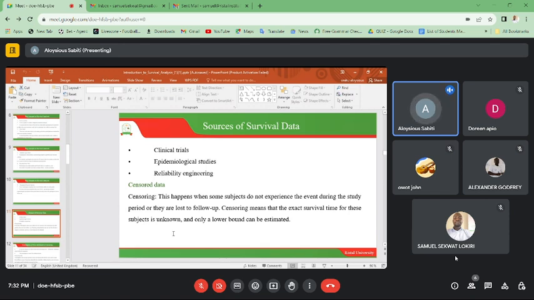Then we look at epidemiological studies. Most times we try to look at the cause and effect of certain diseases, or try to understand the pattern in which these diseases may spread across a population. Those are the different scientific studies that epidemiological surveys consist of.